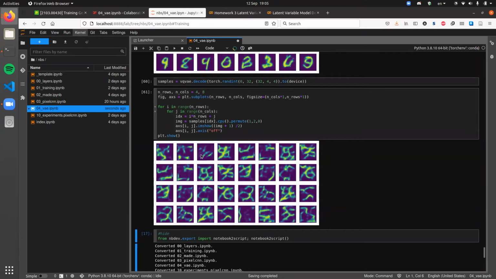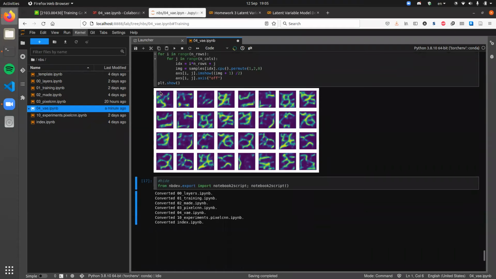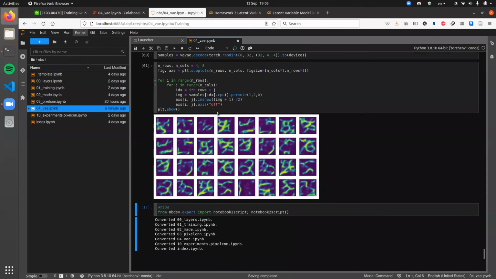Okay, so you can see that the decodings of random stuff are also kind of random, but you might notice that there is occasionally something in the center that resembles a number. I would assume that there are some codes that represent a blank space, and some codes that represent some object here.